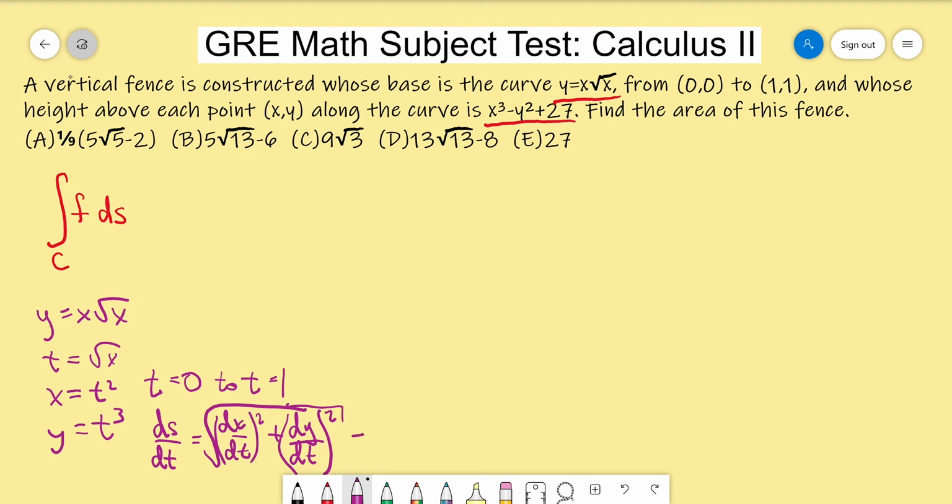So that means that ds dt is equal to, let's see, what's dx dt? That's the derivative of x with respect to t, so that's going to be the square root of 2t squared plus the derivative of y with respect to t, and that's going to be 3t squared, and we have to square that.